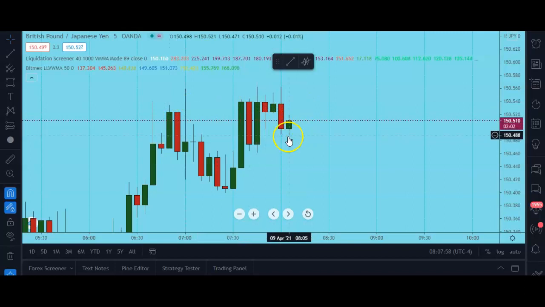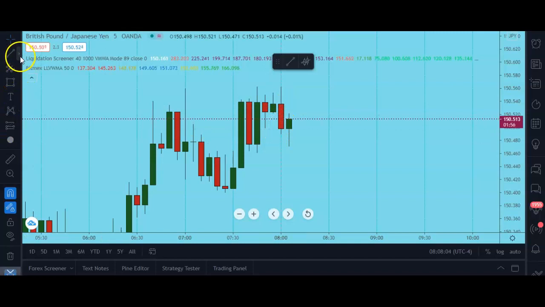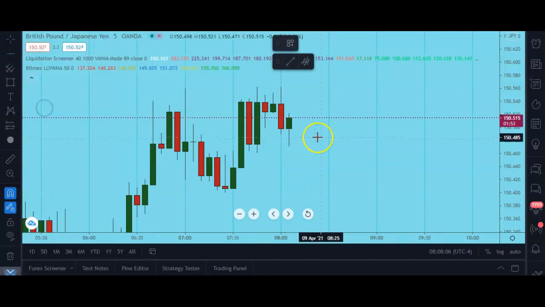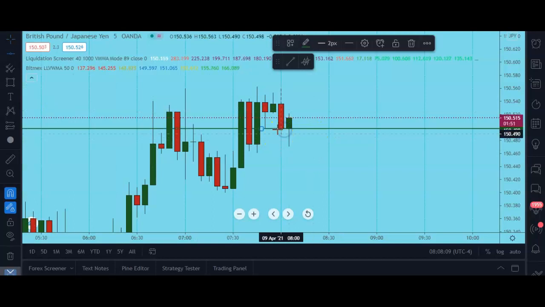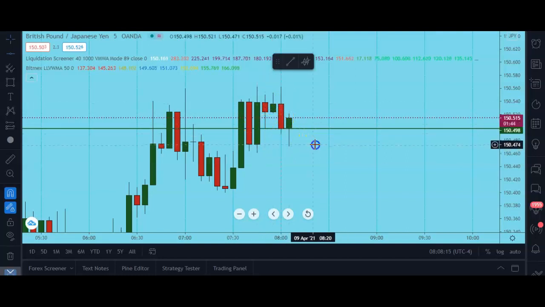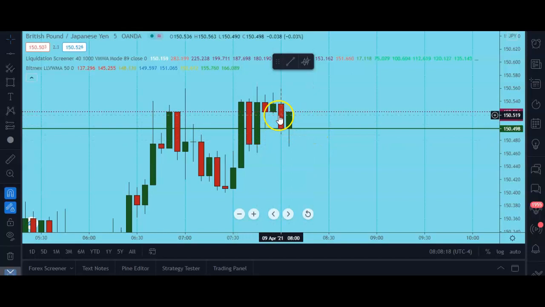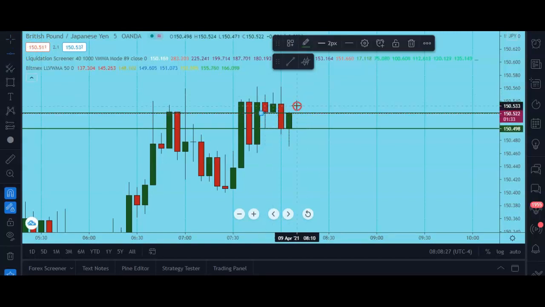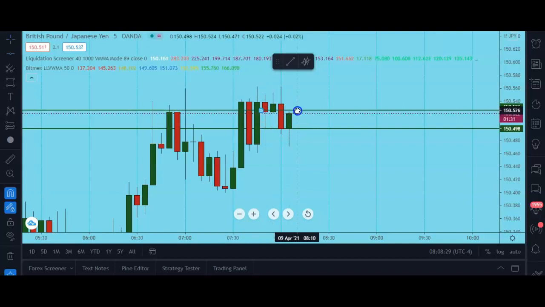So where we currently are, price this past candle closed right here. So I'm just going to take a horizontal line and put it right there underneath that red candle. Price closed right there, right? This candle here was the candle that crossed. This was the past support, or the previous support and resistance.